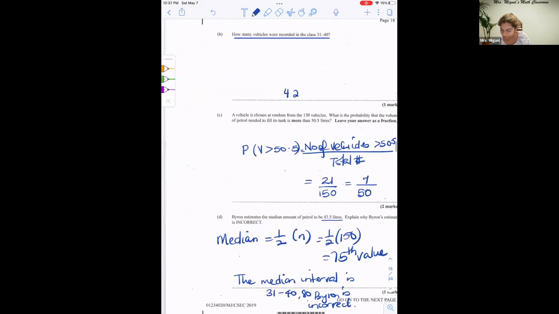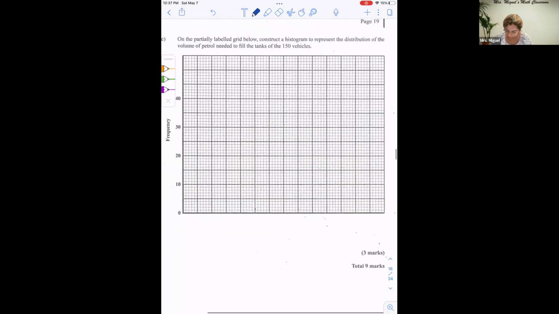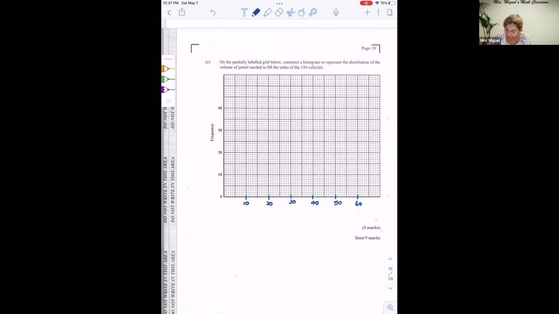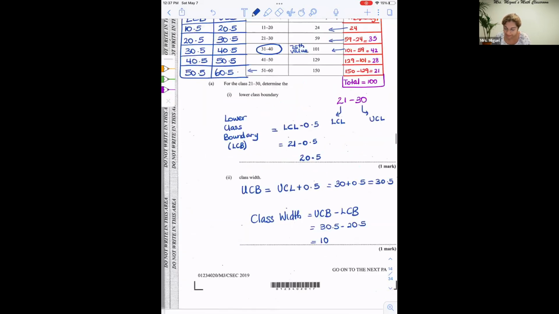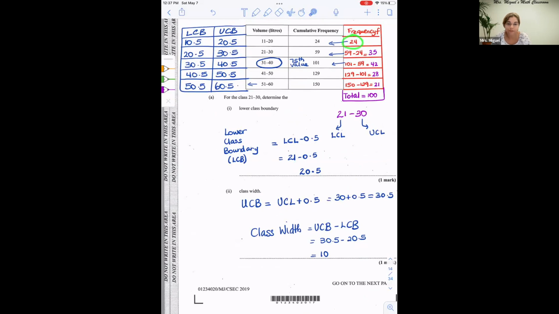So let's go on our graph. So 10, 20, 30, 40, 50, 60. Label the axes, please. This represents volume in liters. So the first one is 10.5 to 20.5, and that has a frequency of 24.